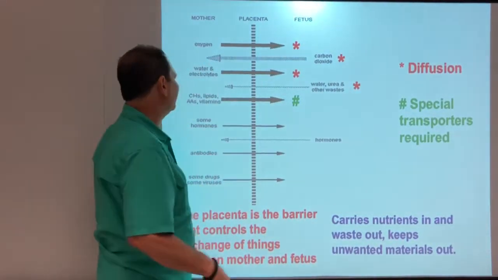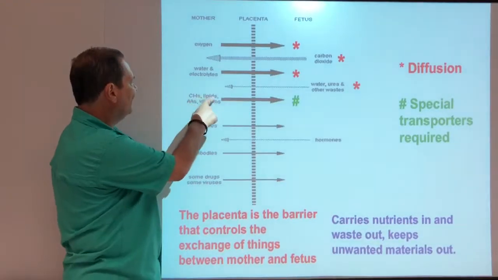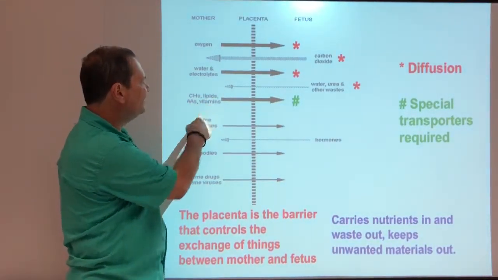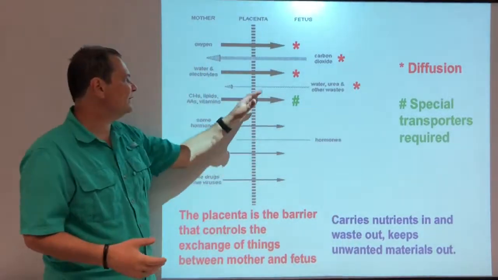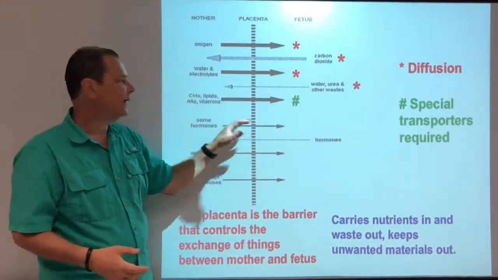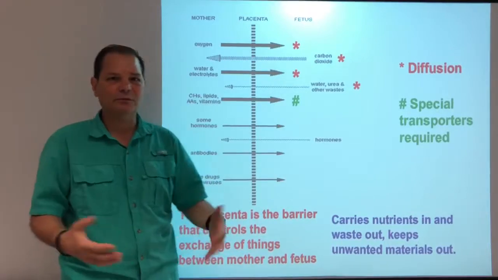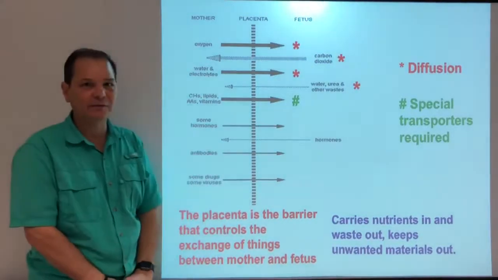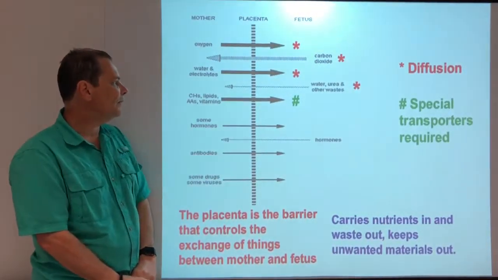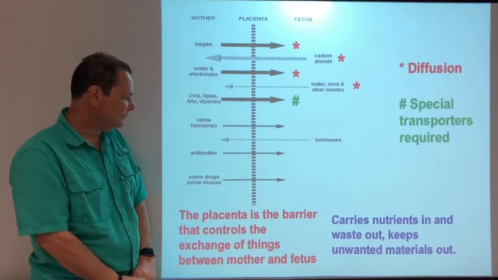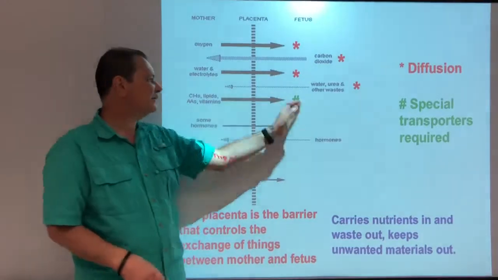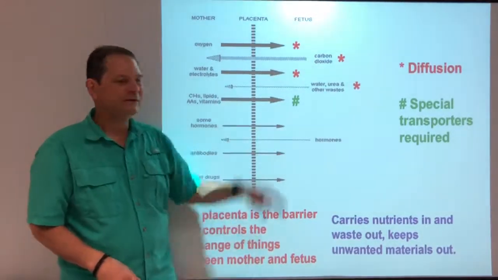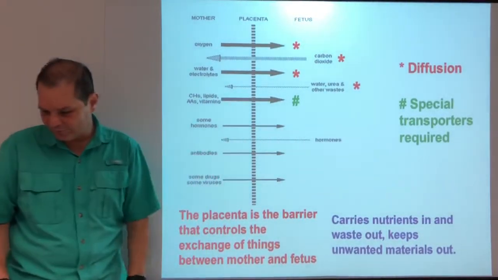But there are substances like carbohydrates, lipids, amino acids, and vitamins that do require special transporters. So you can imagine this being like an epithelial layer, and these substances getting across through what amounts to transcellular transport through the layer. Okay, and so there are transporters required to get these things across. So both forms of transport take place. All right.